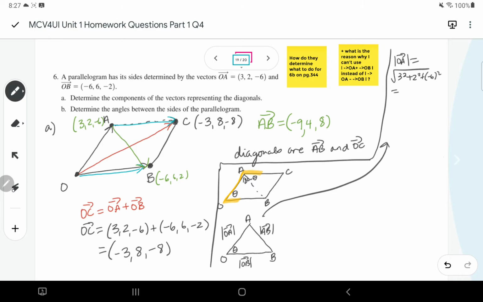So the magnitude of OA is, it actually is square root of 49, so just 7. And then the magnitude of OB is going to be the square root of negative 6 squared plus 6 squared plus 2 squared.